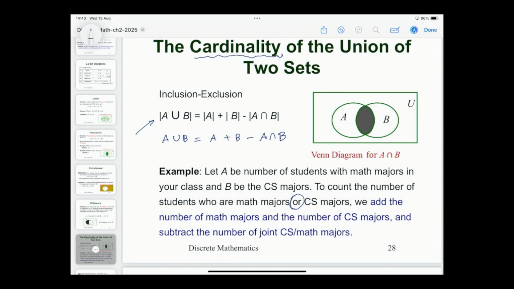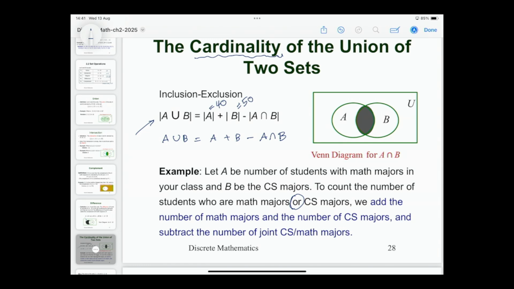So that is A union B. We just find out how many we have in A. Let's say A is 40, and let's say B is 50.